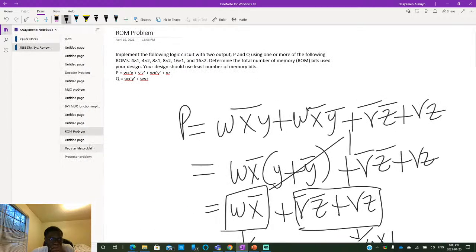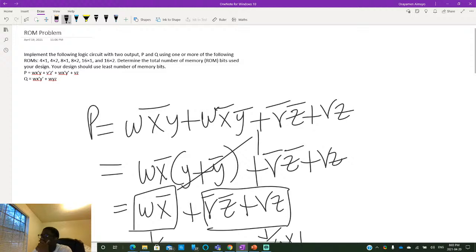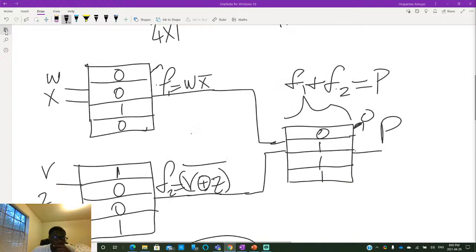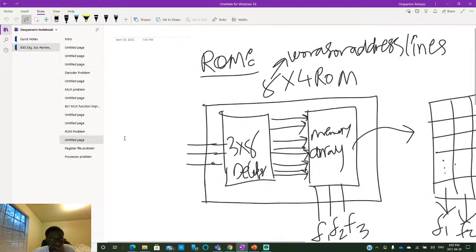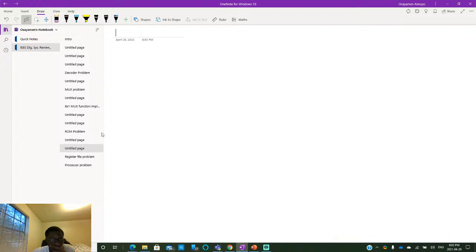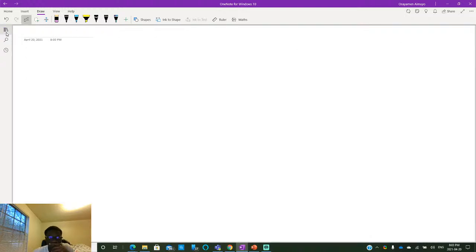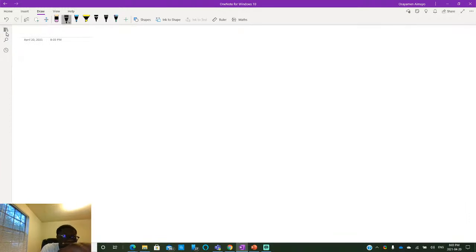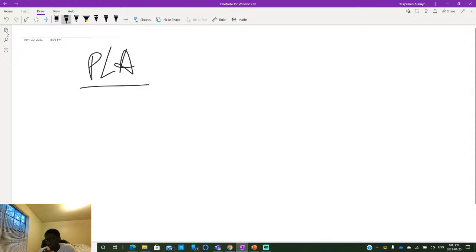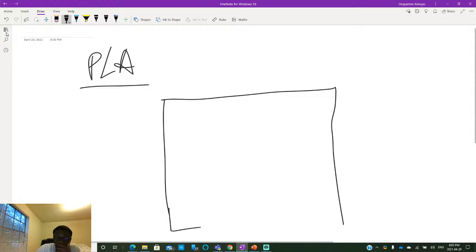Okay, so let us move on to PLA, programmable logic arrays. So the general structure for a PLA is kind of similar to a ROM, but with different components, right?